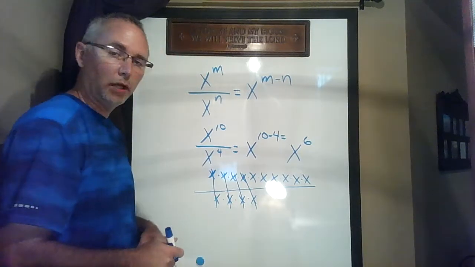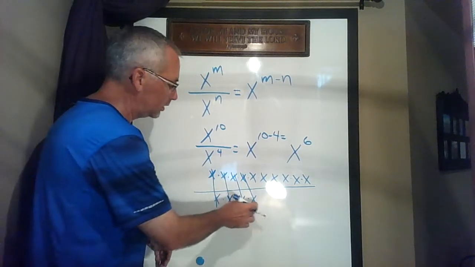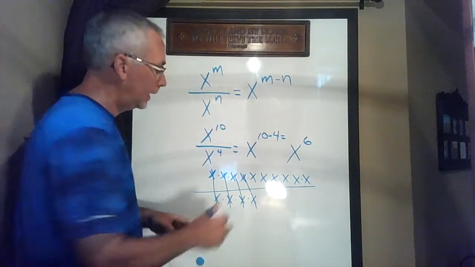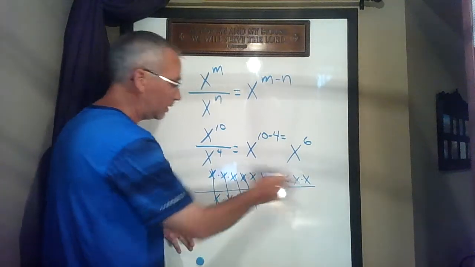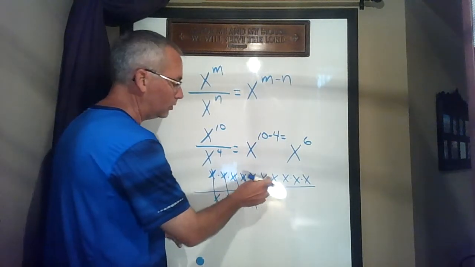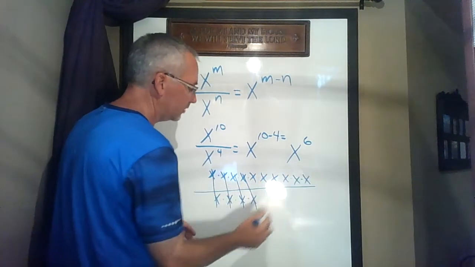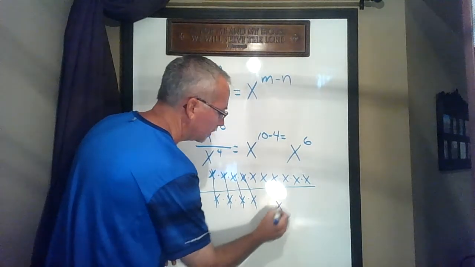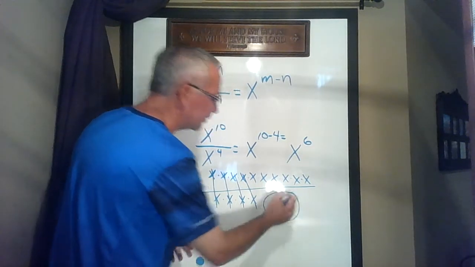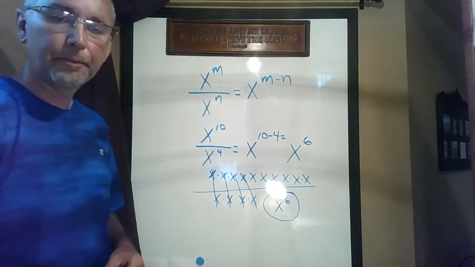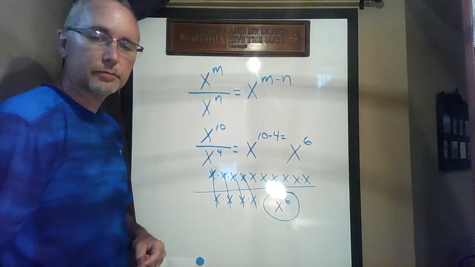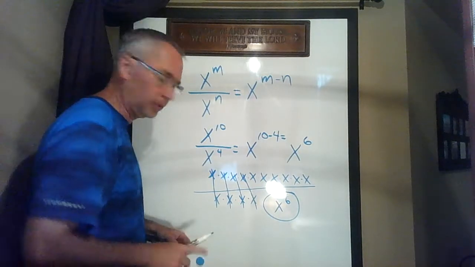Those make a 1. So 1 times 1 times 1 times 1 makes a 1. And I'm left with nothing on the bottom, but on top I have 1, 2, 3, 4, 5, and 6 x's. Thus, I still have x to the 6th power left. Hopefully that makes a little bit of sense to you.